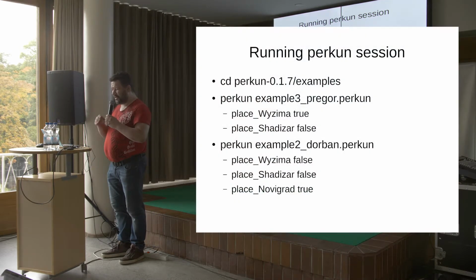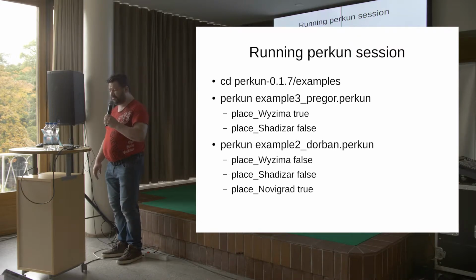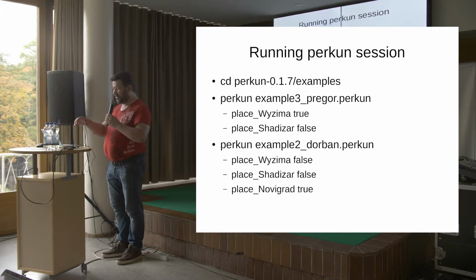When you download the Perkun 0.1.7 tar.gz file, you can unpack it, and in the examples folder, you'll have multiple files, including example 3 Pregor and example 2 Dorban. Pregor and Dorban are the NPCs from the game.